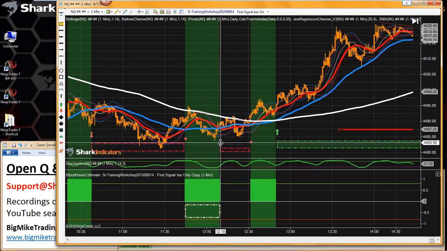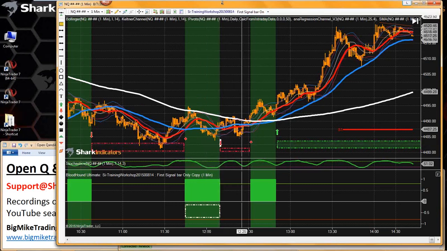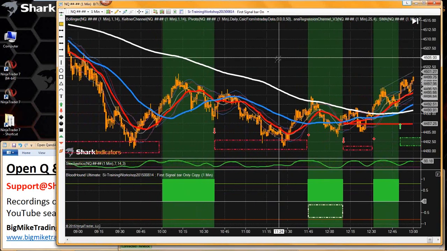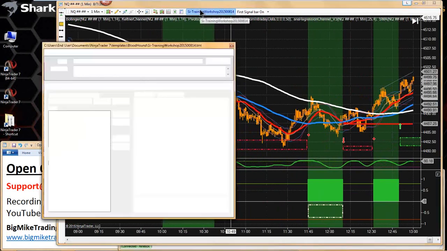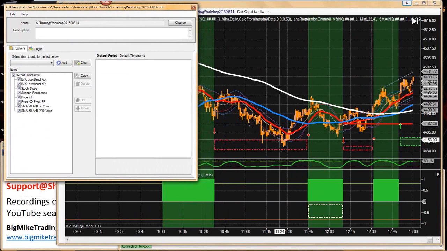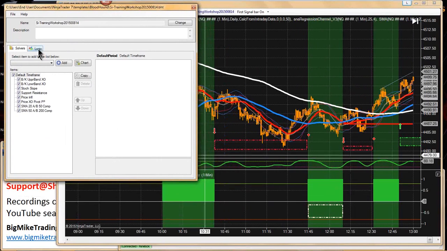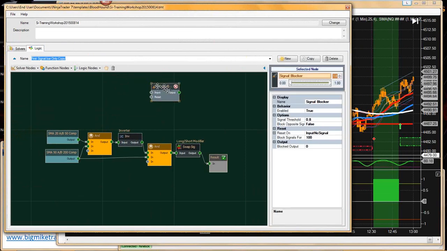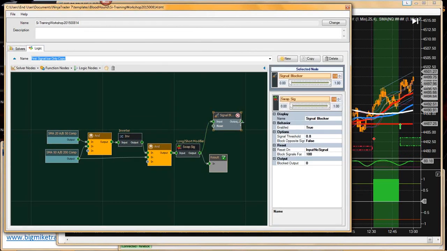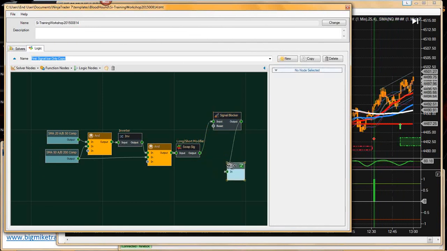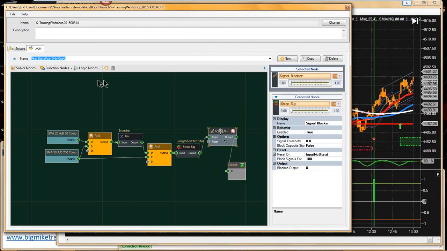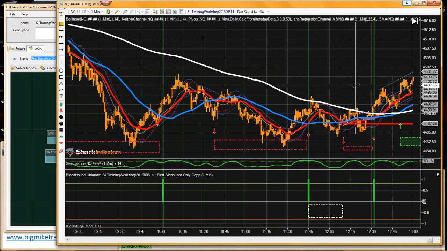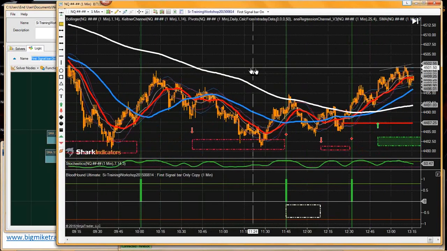But just for the sake of addressing Leonardo's question, he wants to see a nice clean signal, so let's do that. Remember, we got this signal blocker here. Let's just feed this into that signal blocker, like so. And there we go.